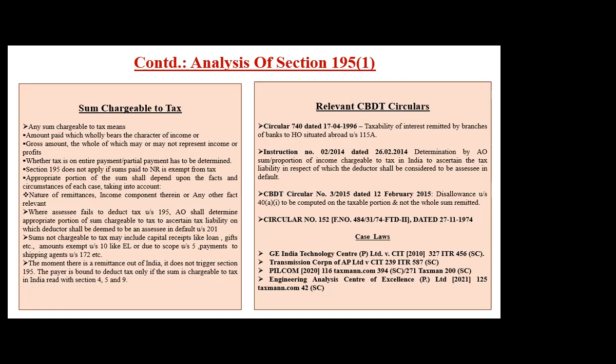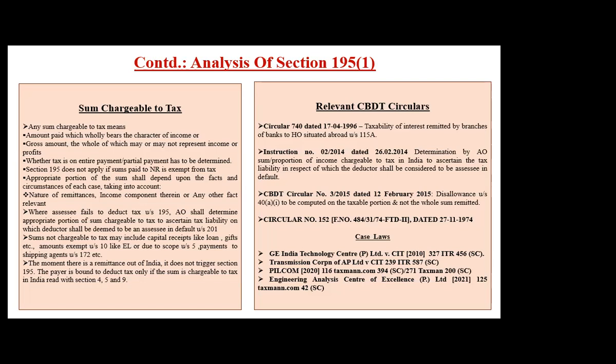We have Instruction 2/2014, which specifically says that the proportion of income has to be chargeable to tax. Then, in case of taxation of interest by branches of banks, we have a separate provision which says that even if you make a payment from an Indian bank to its foreign branch, then also it is chargeable to tax.